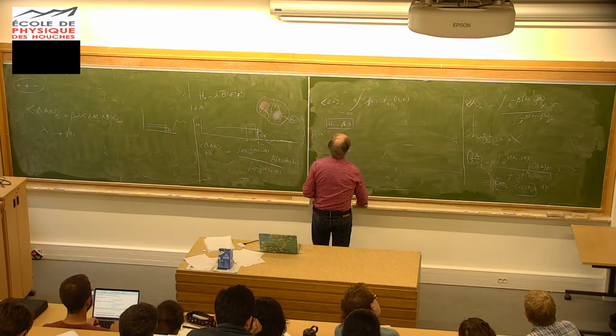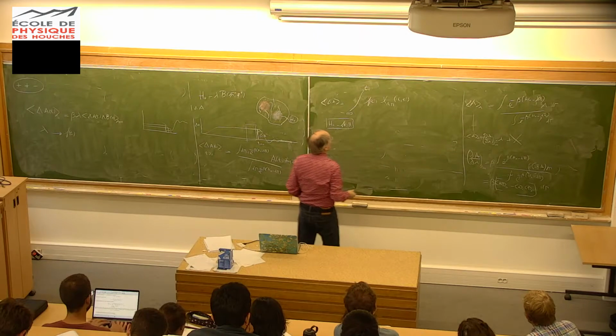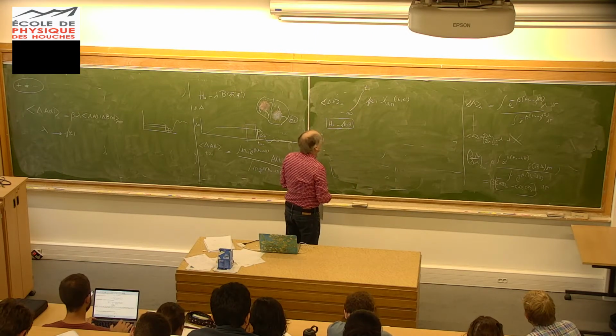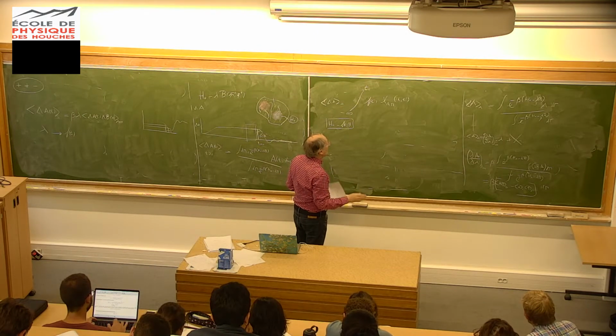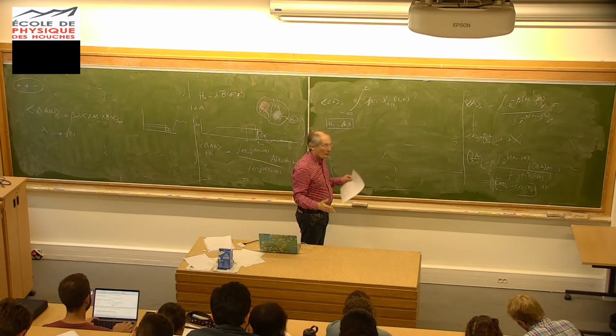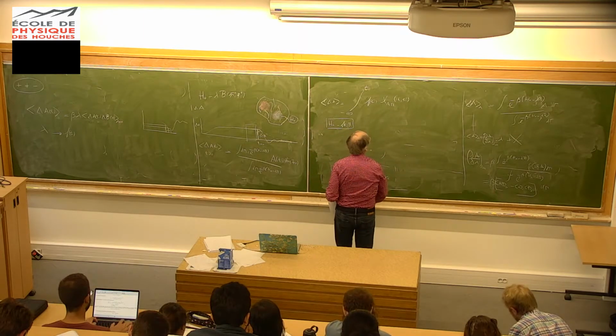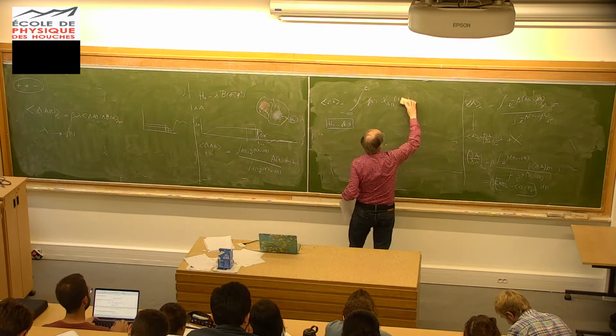So causality tells us that t prime goes at most to t. The second thing is that, because of time invariance, whether I do the experiment today or tomorrow makes no difference, so this can only depend on the difference between t and t prime. That makes it a bit easier.